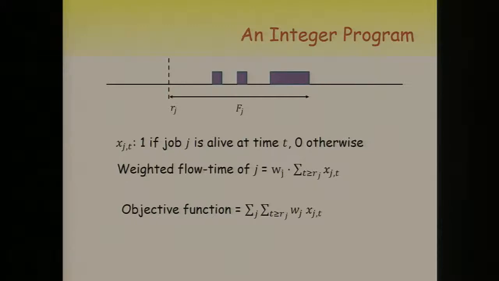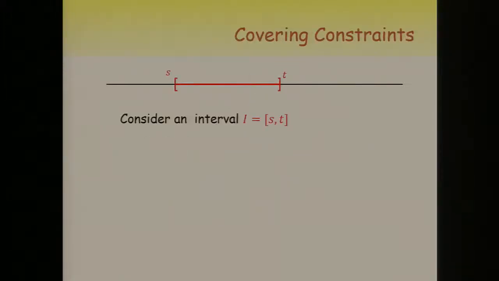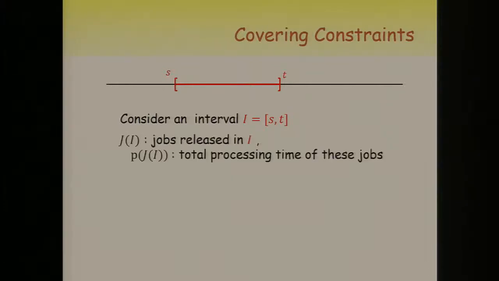Now that's fine, but now I have to somehow express the fact that xjt corresponds to a schedule. So xjt cannot be just arbitrary 0, 1 variables; they have to correspond to some sort of schedule. So here's what I'm going to write. Look at any time interval st, and look at all the jobs which are released during this interval.